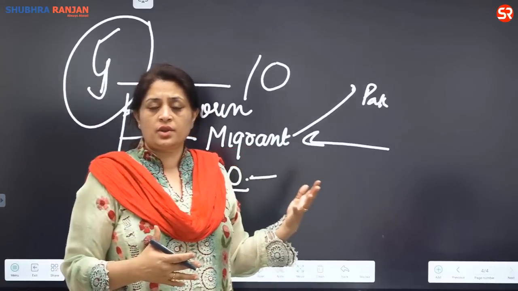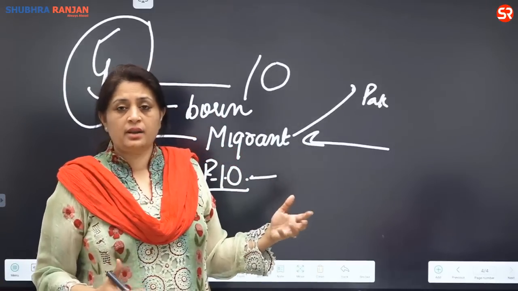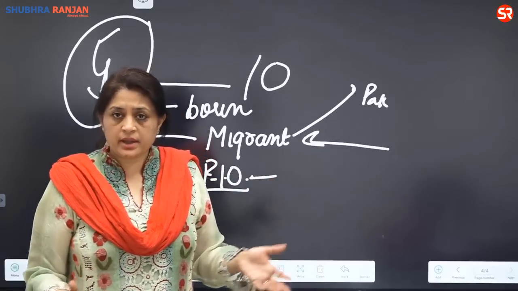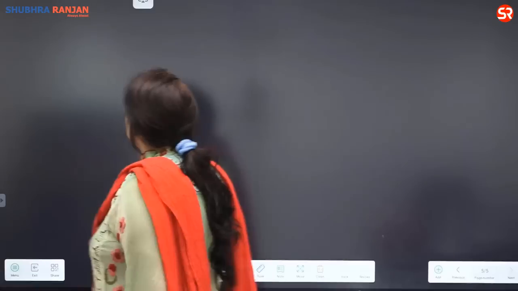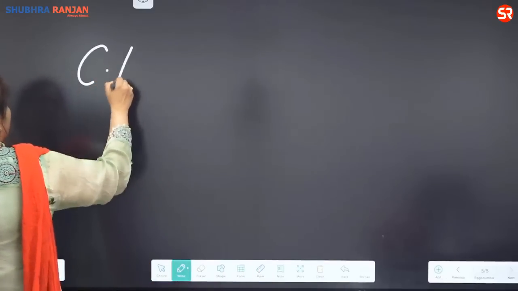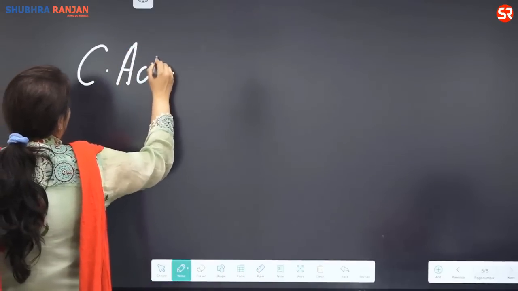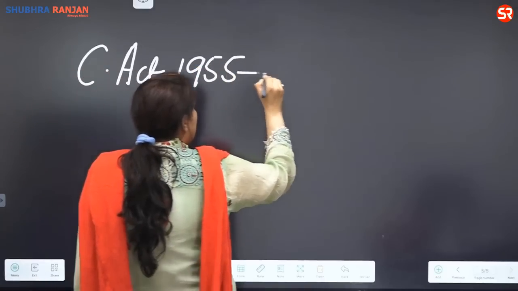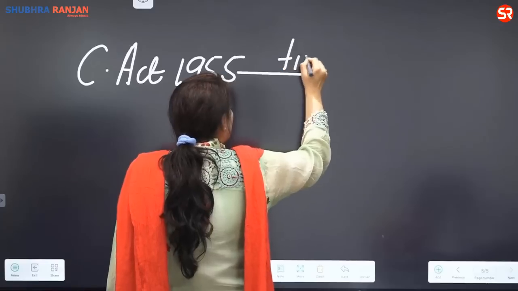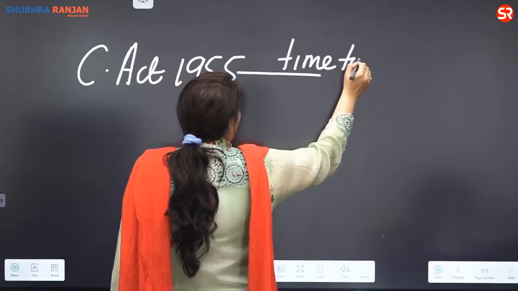The rest of the situation has to be determined by Parliament, and consequently Parliament has passed the Citizenship Act 1955, which has been amended from time to time.